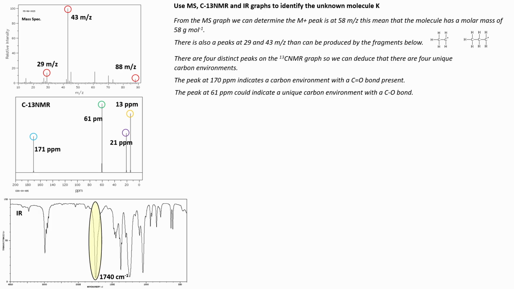Now, what we can notice here is that there is a strong peak at 1740, centimeters -1. And we know that that's in the range that originates from a carbon double bond oxygen stretch. So that indicates that there is a carbon double bond oxygen functional group. Now that statement can be kind of tricky to explain, but you actually have to recognize that the peak represents the stretch.